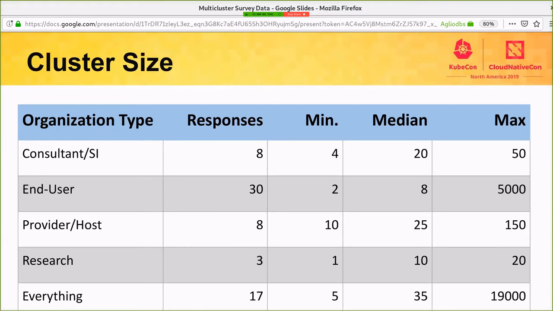So somewhere between 2 and 100 clusters for 90% of our users. So if we were looking at this from the perspective of how many clusters a solution should be designed to support, at least at this point in time, getting our general audience, we're looking at 100 clusters or less. And then we look at increasingly special cases.